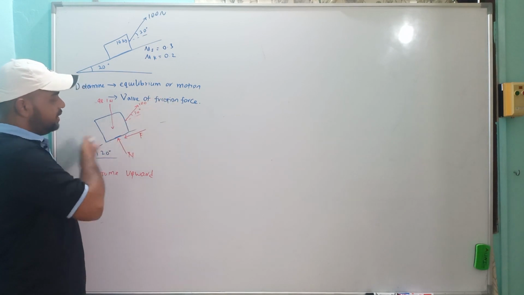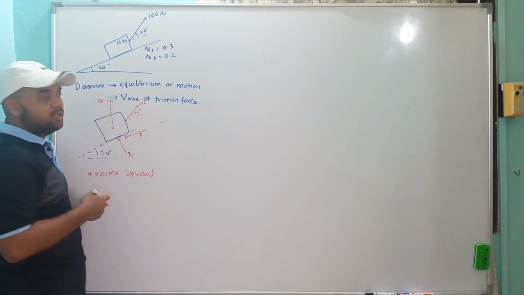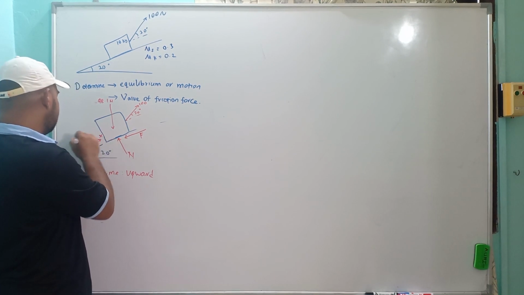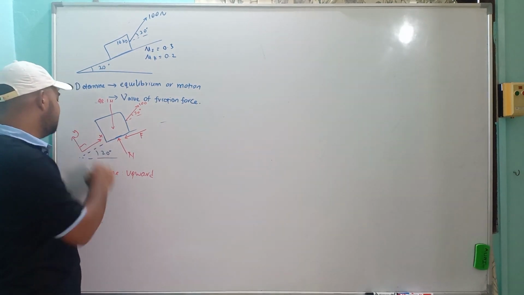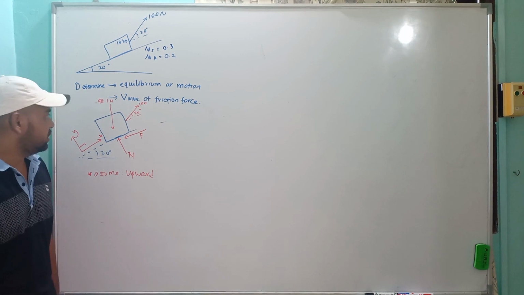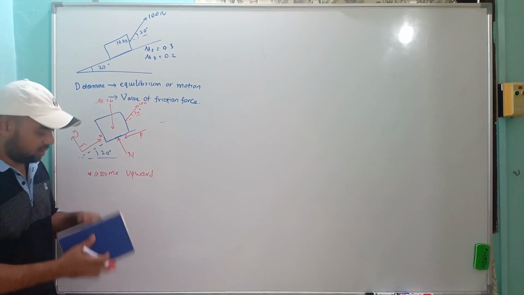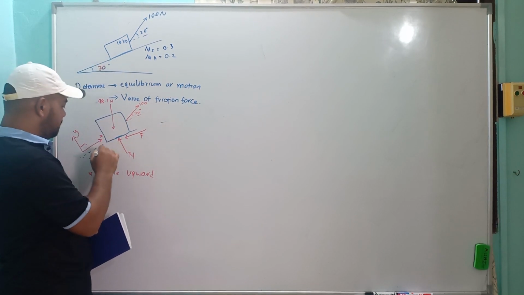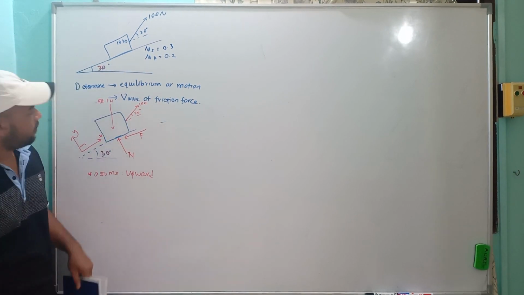Normally we use the slope or the surface given. So my axes are x along the slope and y at 90 degrees to it. Sorry, this is 30 degrees, not 20, so here is also 30 degrees.